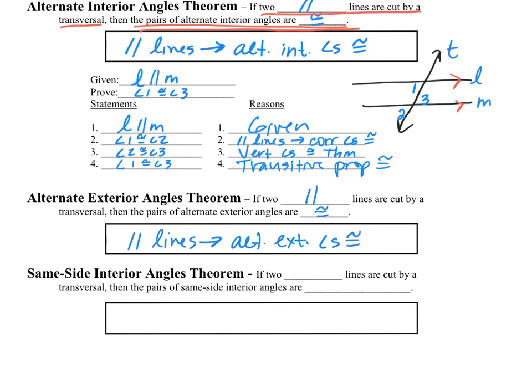You will also prove this theorem, the same side interior angles theorem, which says if two parallel lines are cut by a transversal, then the pairs of same side interior angles are not congruent this time. When we have same side interior angles formed by parallel lines cut by a transversal, we say that those same side interior angles are supplementary.